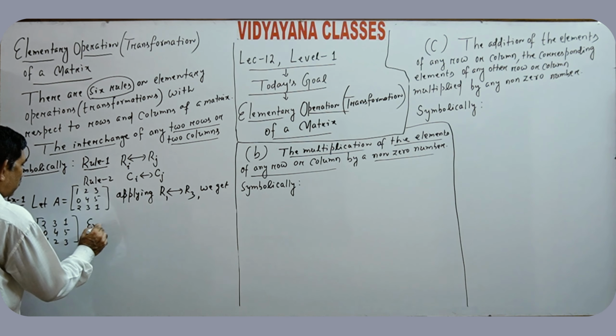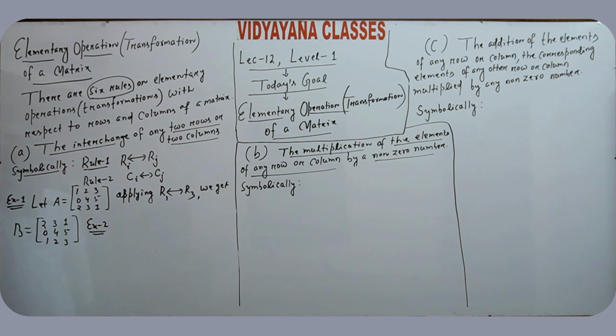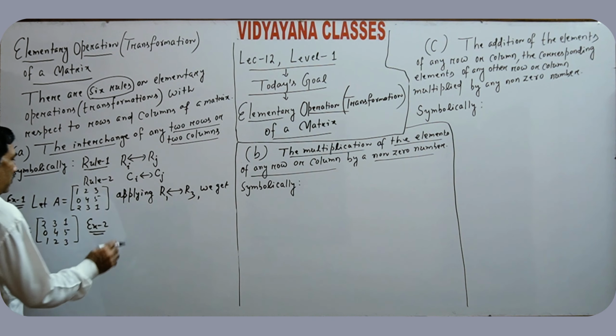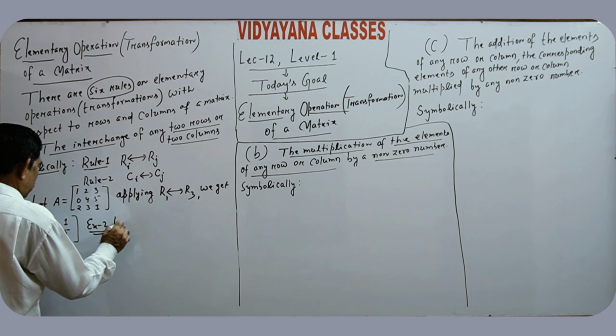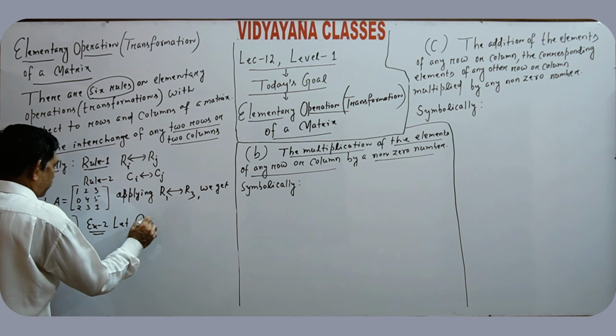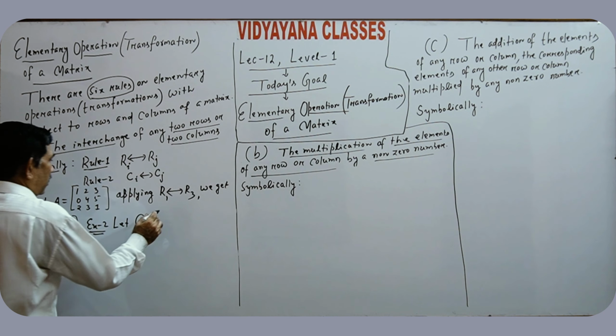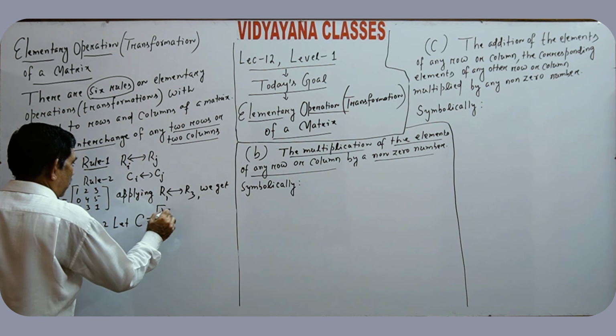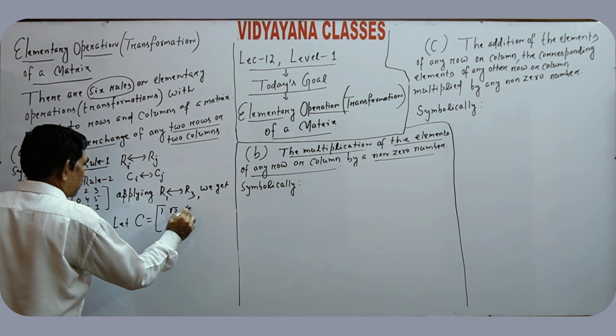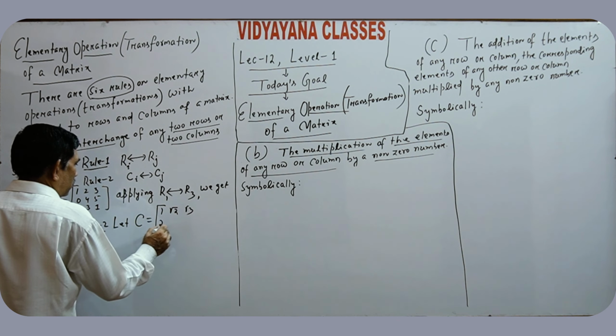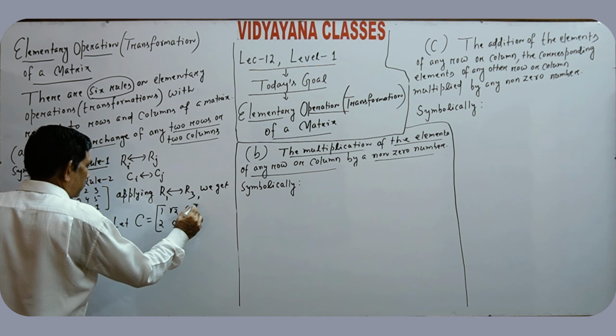Example 2. Similarly, we can apply on column. Let capital C be a matrix having elements 1, root 2, root 3, 2, 0, 5.